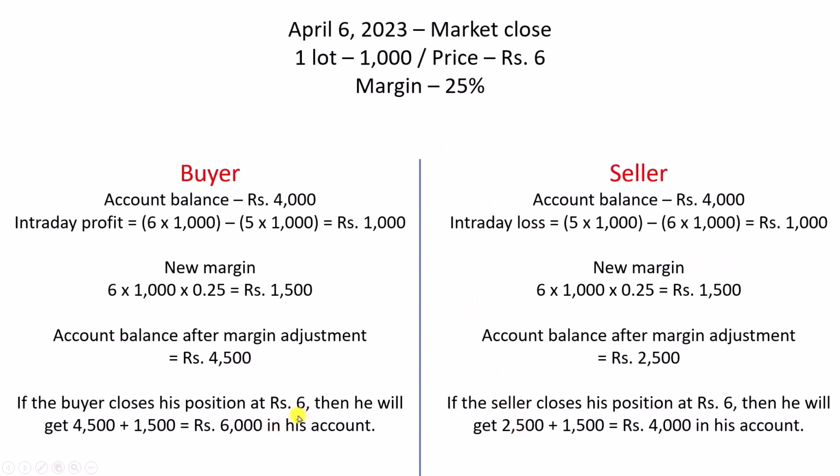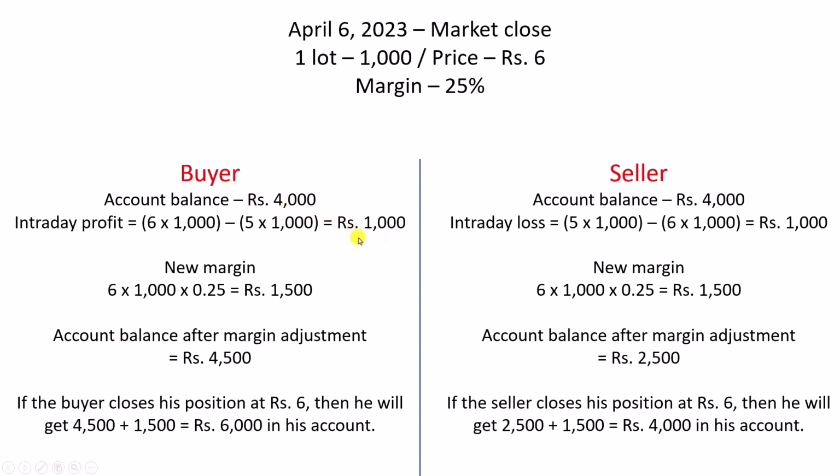Now, let us say that both buyer and seller decide to hold their position for the next day or carry over their position for the next day. Or in other words, they do not close at 6 and 6. The buyer thinks that, okay, so I have made 1000 profit. I may make more tomorrow, so let me hold it for the next day.